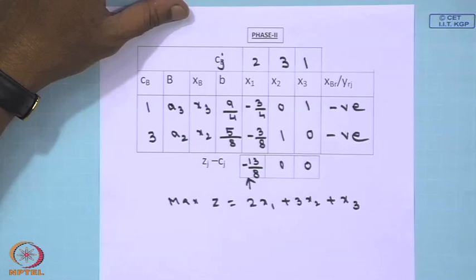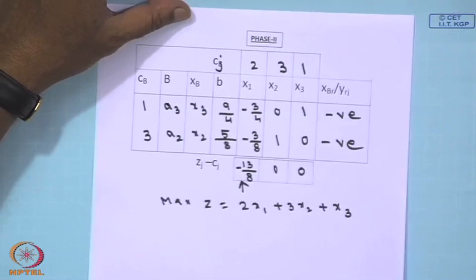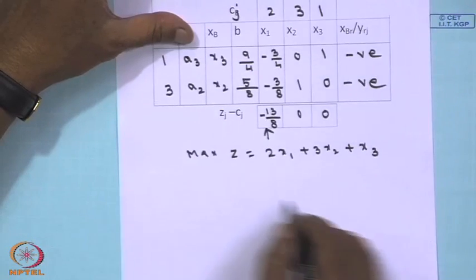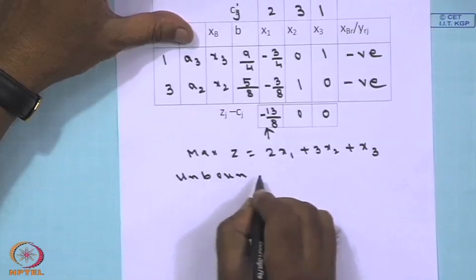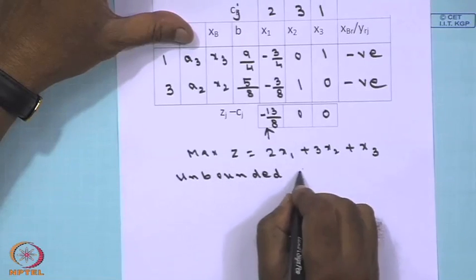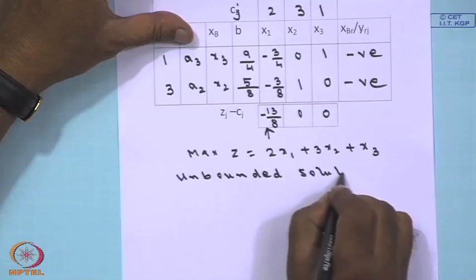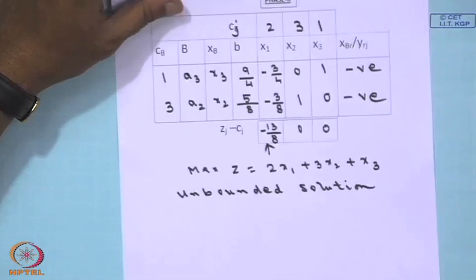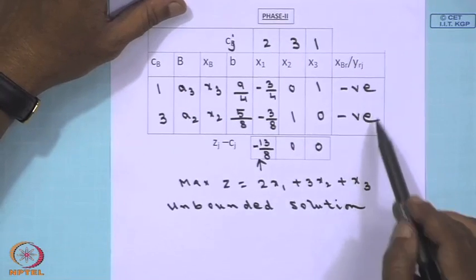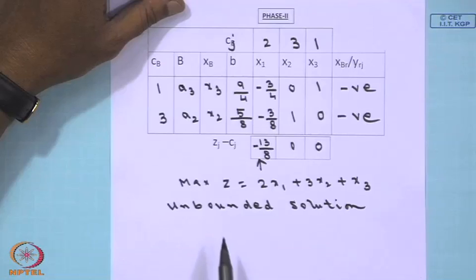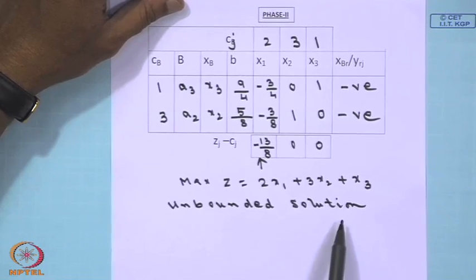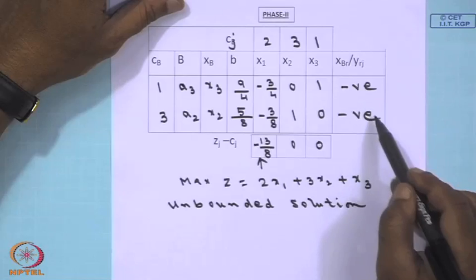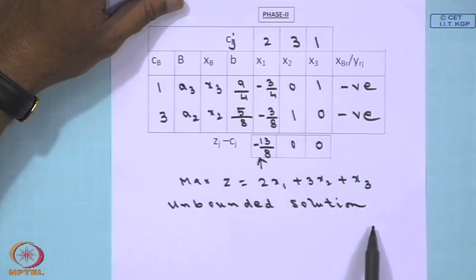So, in this case, we are having an unbounded solution. So, although in phase 1 the artificial variables were removed, the ratios are negative and therefore the solution will be unbounded, and we will stop here.